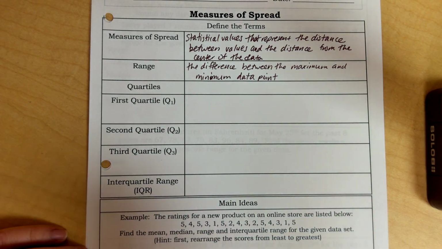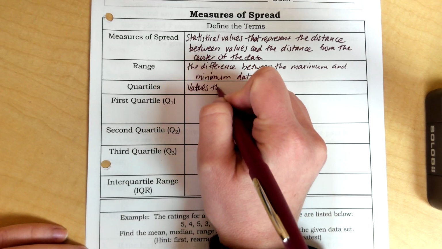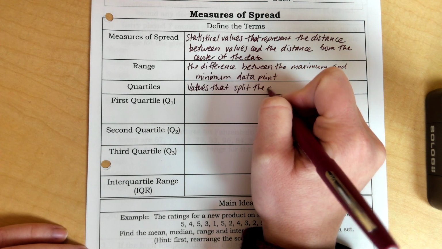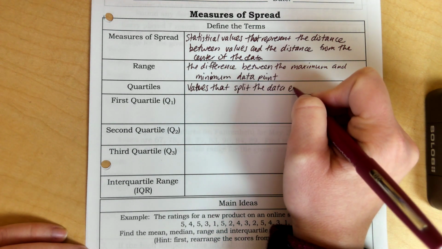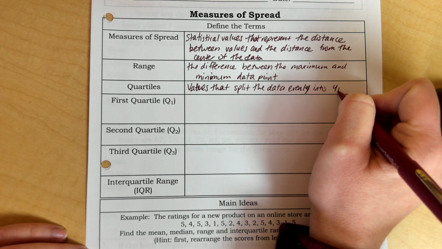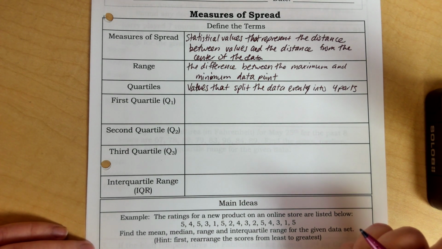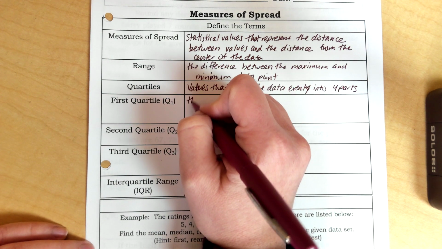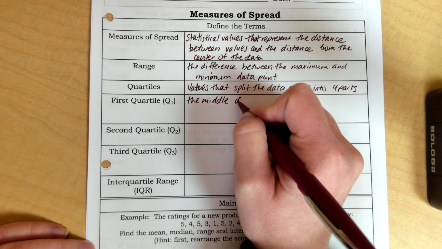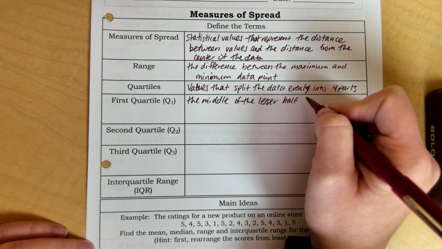Now, quartiles are different values that split the data evenly into 4 parts. Okay, so the first quartile is the middle of the lesser half of the data set.